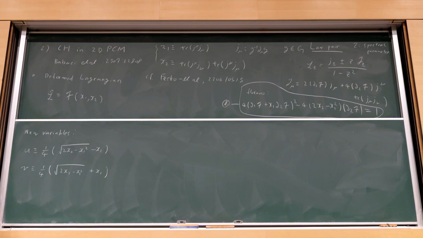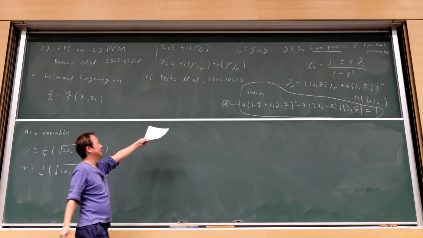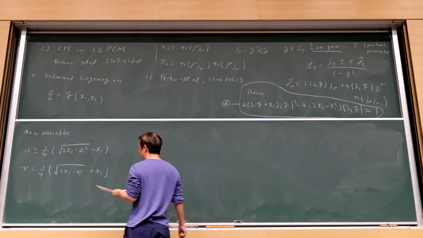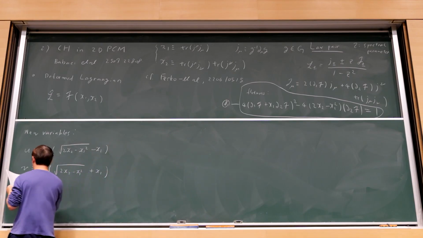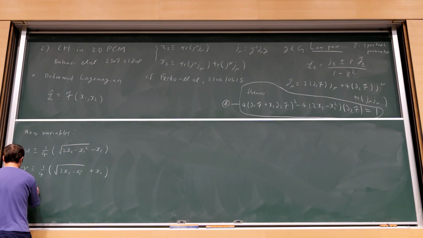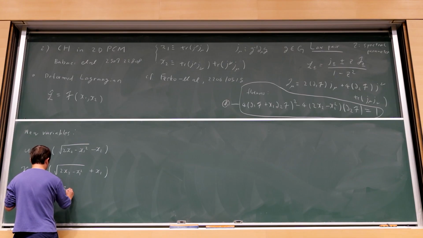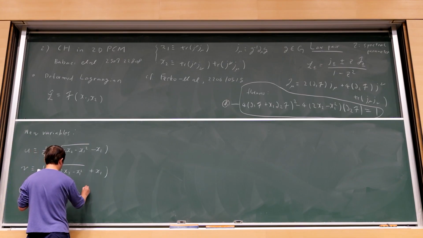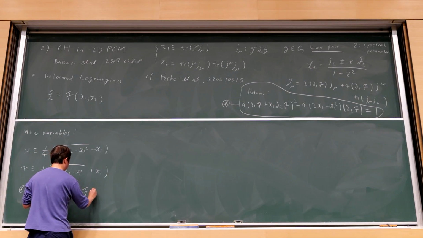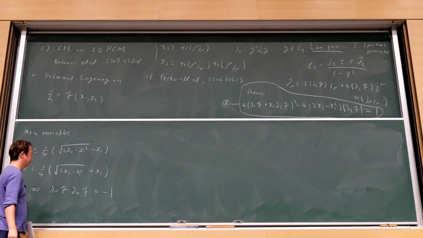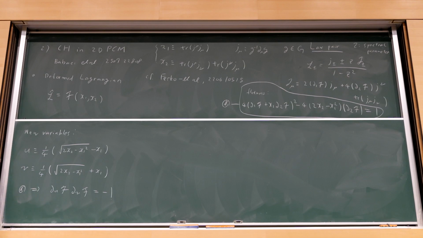Then these relations can be rewritten into this simple form: del u F del v F equals minus 1. This is a very simple form.